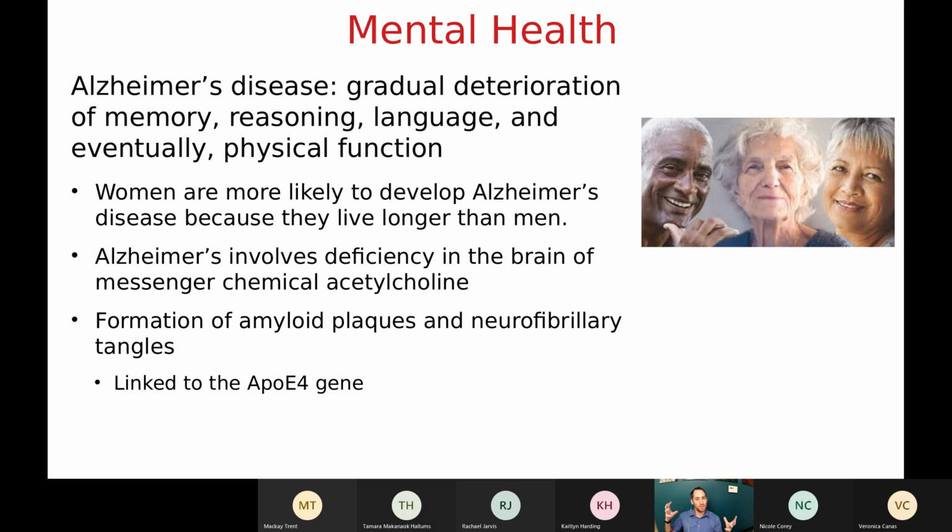So there's other cells other than just neurons. I know that's been most of our focus in this class, the neurons in the brain, but there are cells that literally hold neurons in place and help funnel, kind of like highways, to funnel nutrients to neurons.